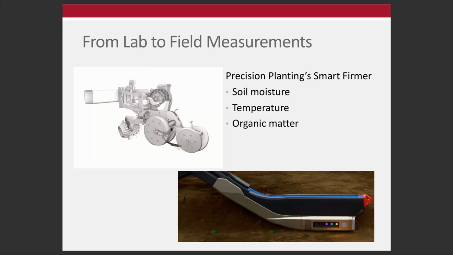Those are the three properties it spits out, integrated into a lot of the Precision Planting framework. They've got software, and everything's GPS referenced, so these are on individual row units, and you can essentially plant your field and get a map of moisture, temperature, and organic matter to boot, right? After you run through the field and plant everything, you can look at that map and use it as a management tool moving forward.